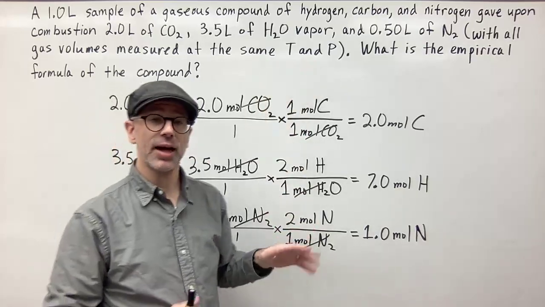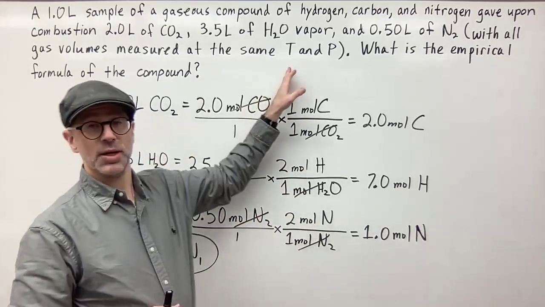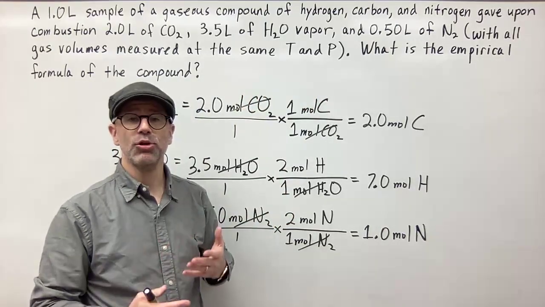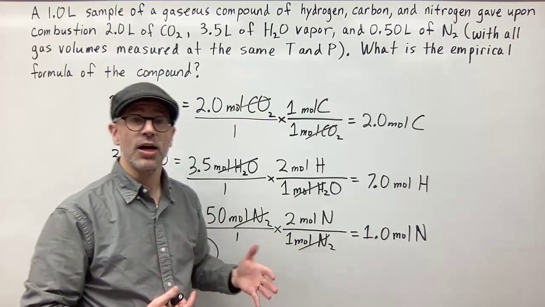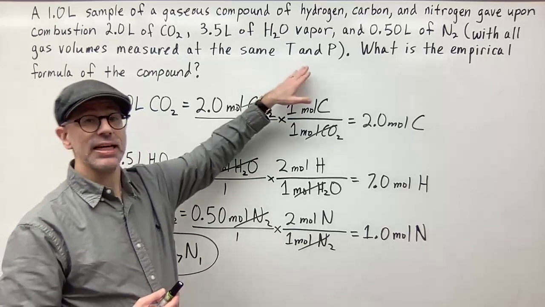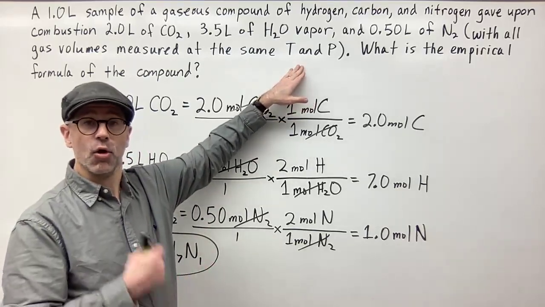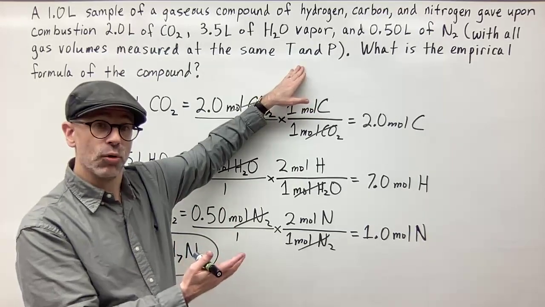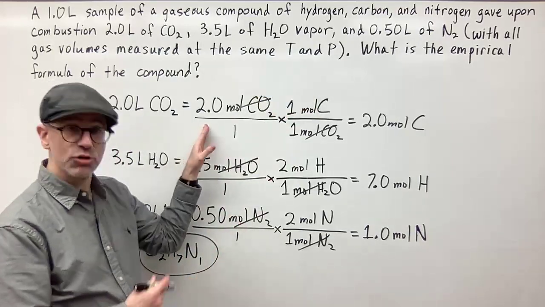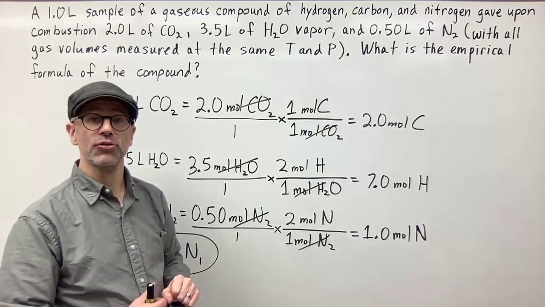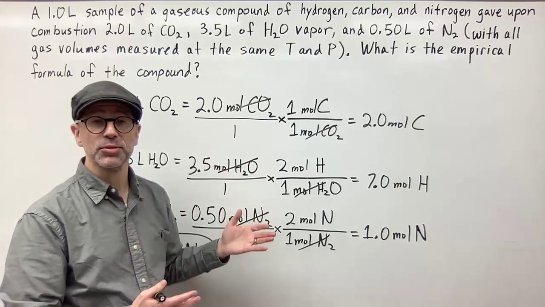Now, if it's not constant, they would have to give you the temperature and pressure, so that way you could use the ideal gas law to then convert the liters of the various compounds or products into moles. And then once you got that, then you just convert to the moles of the different atoms, right?